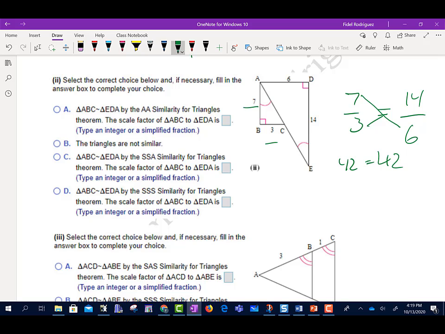And so let's see, what do we know? They are going to be similar, and now we're going to figure out why they are similar. So which ones do we have? We have a side, we have an angle, we have a side, and we have another angle.